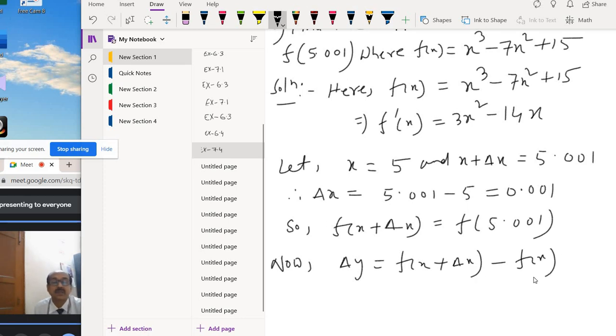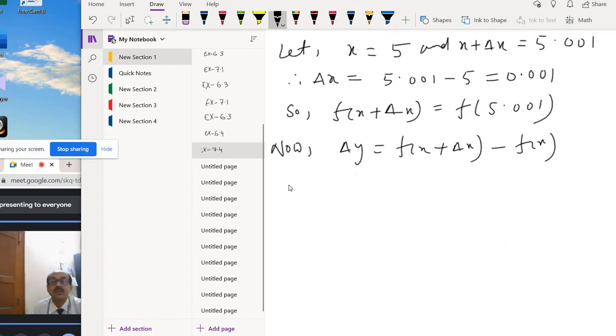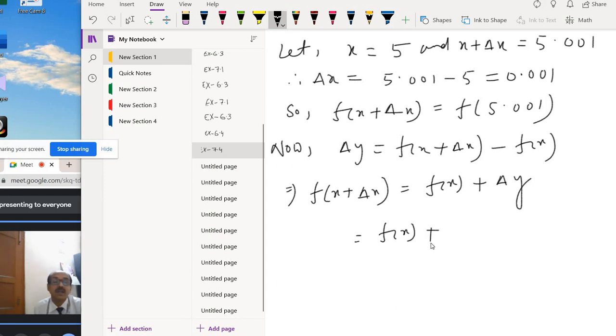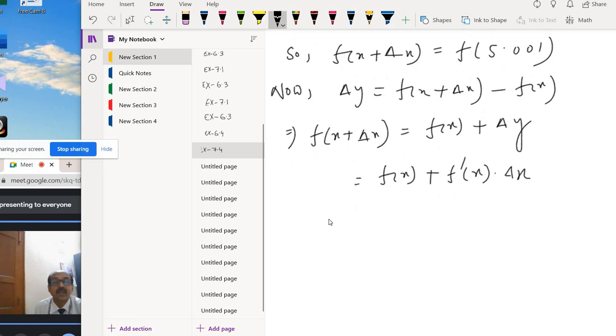So f of x plus delta x equals delta y plus f(x), and this equals f(x) plus f dash x into delta x. Okay, we know this, delta y equals f dash x delta x.